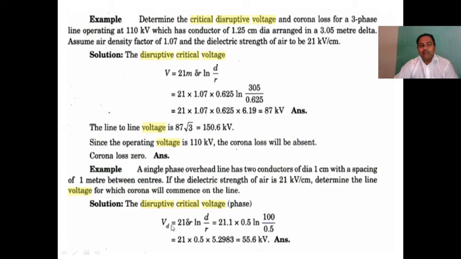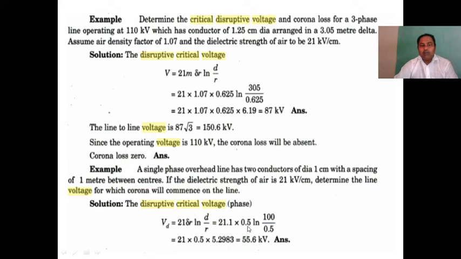We find the critical disruptive voltage. What is the formula? G naught into delta, r log d by r. Here the g naught value they have given as 21 kV per centimeter. The distance between conductors is 1 meter, so 1 into 10 square, that is 100 centimeters. For r, the given diameter is 1 centimeter, so the radius is 1 by 2, that is 0.5 centimeters.